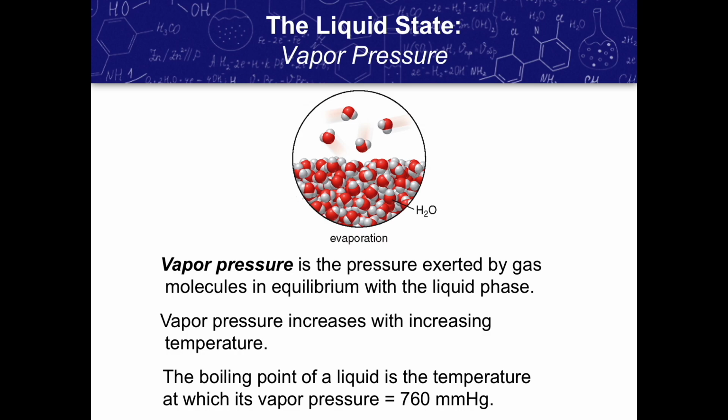As the temperature is increased, the kinetic energy of the molecules increases and more molecules escape into the gas phase. Therefore, vapor pressure increases with increasing temperature. We also have to remember that the boiling point of a liquid is the temperature at which its vapor pressure is equal to 760 millimeters of mercury.